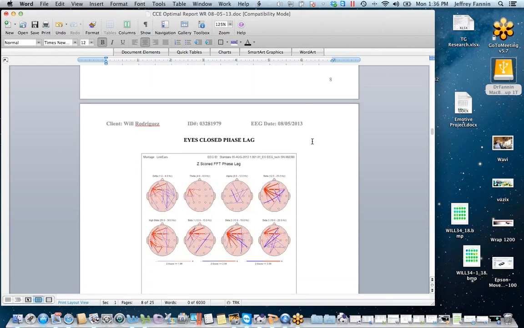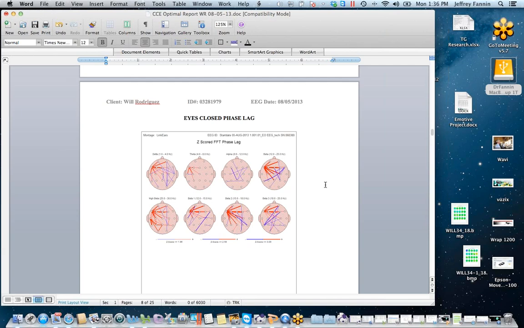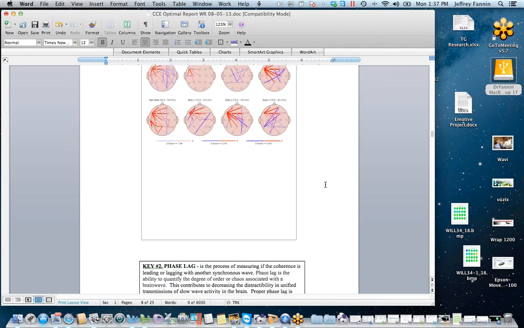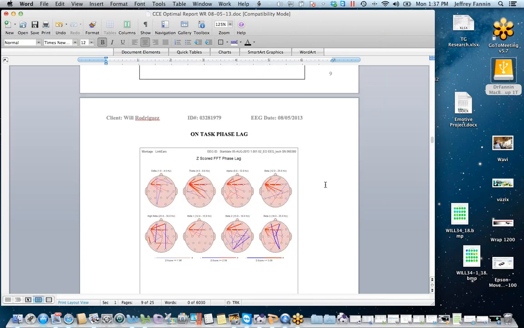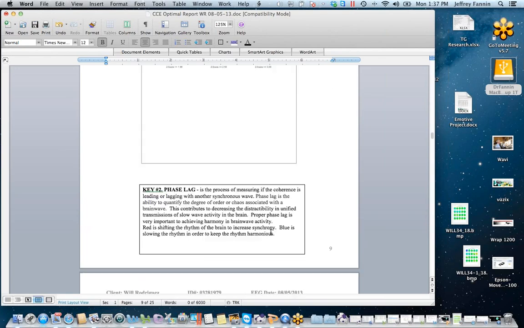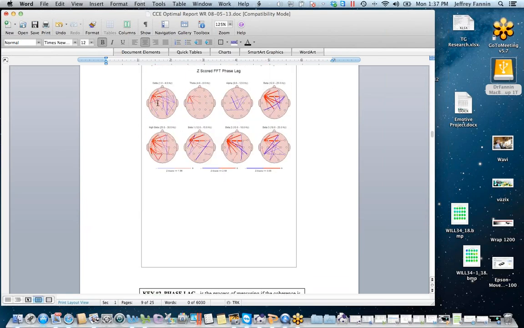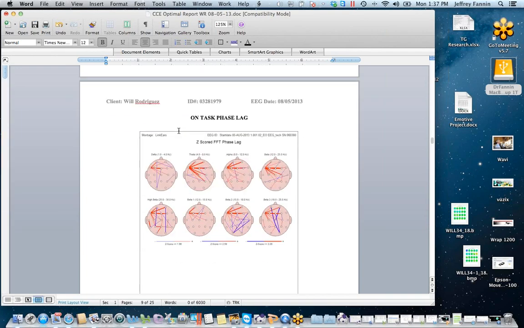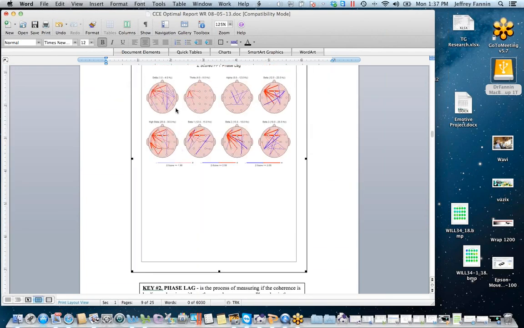Okay, so we're talking about the phase lag here. Now watch what happens when you go into that whole brain state. We see a little bit of a different phase shift going on here. Just look at delta, for example.